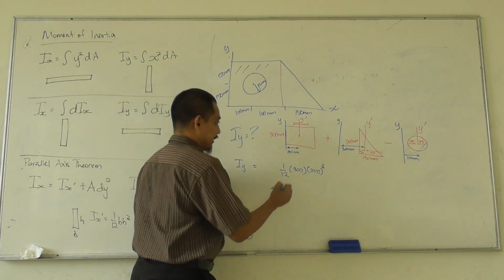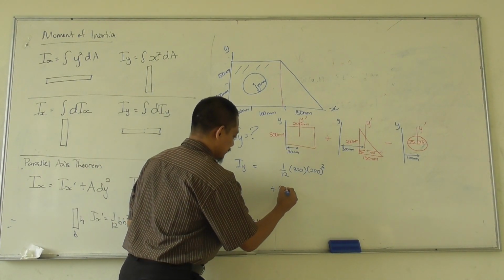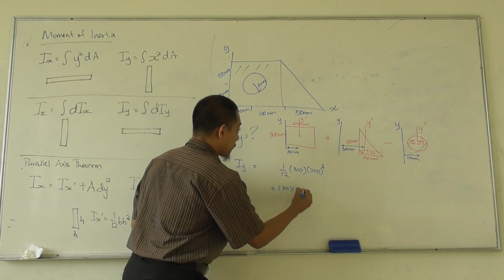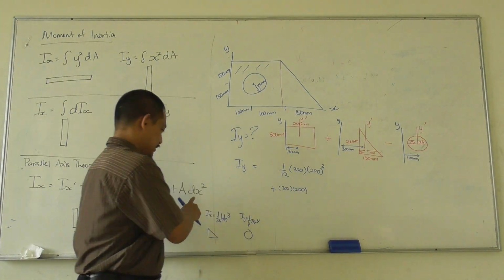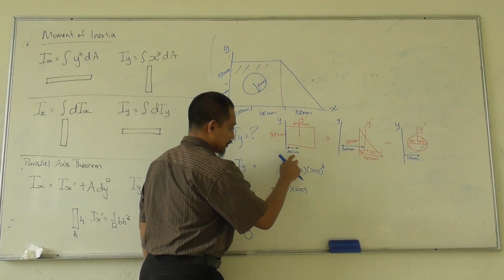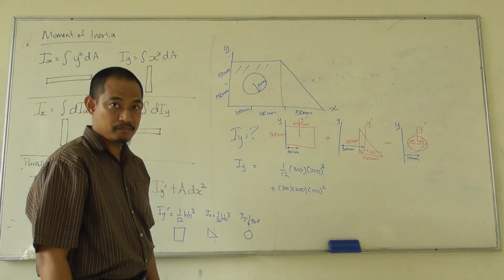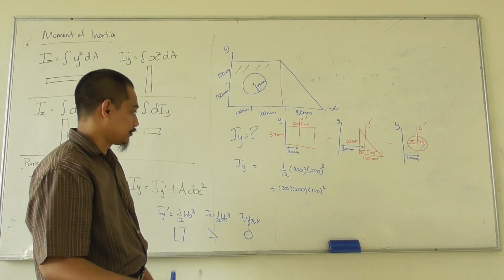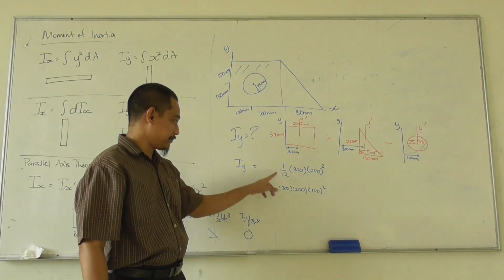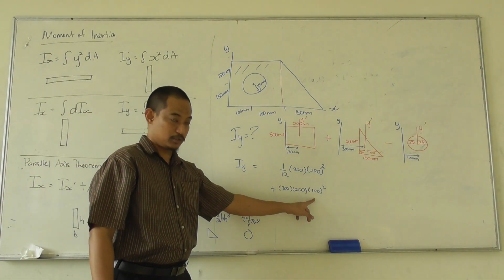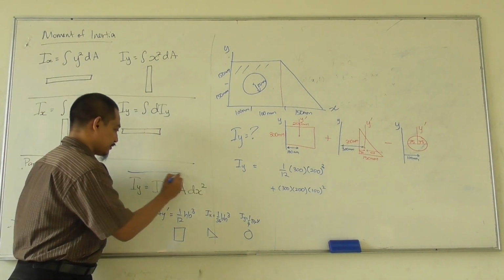And then plus area, which is basically just 300 times 200, and dx squared. Dx is 100 here, so 100 squared. Alright, are you following? Hopefully you are. So this is Iy prime, this is A dx squared. We are using this one.